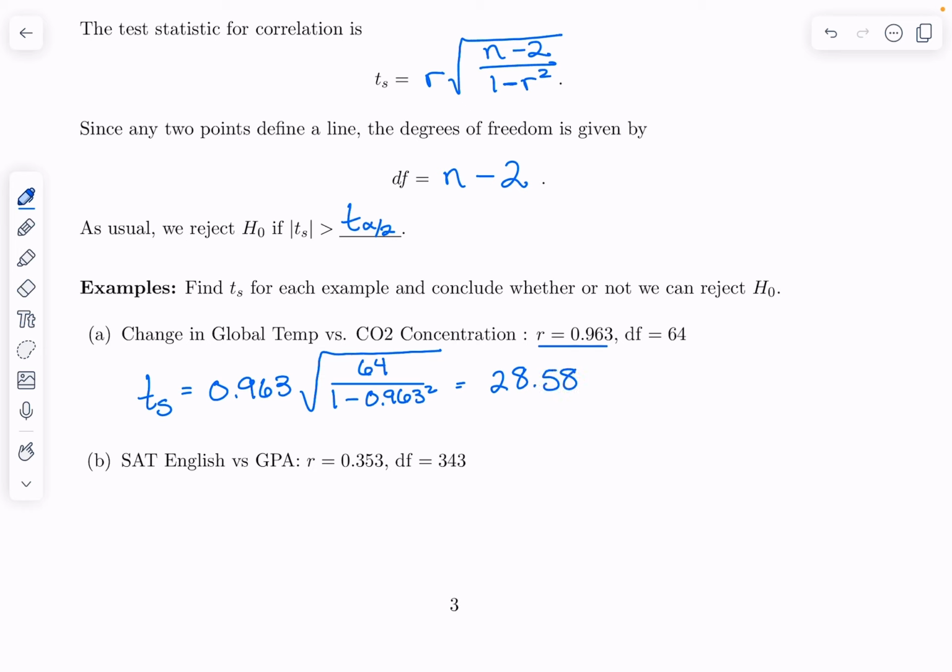So our t statistic is very large. And so I don't even really need to look at the chart and the degrees of freedom or anything like that. I can tell you that this is going to be very significant and that the p-value is going to be less than 0.001, which is really an understatement. It'll be quite small. So here we see that there is a significant non-zero correlation between global change in temperature and CO2 concentration. Okay, so this is a very significant non-zero correlation.